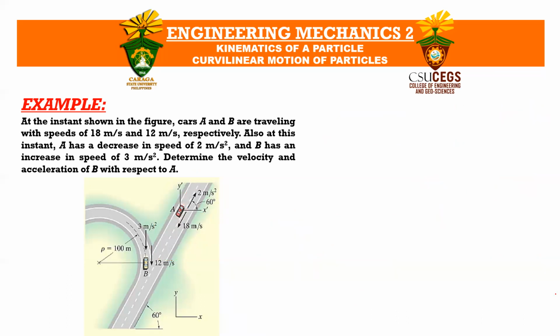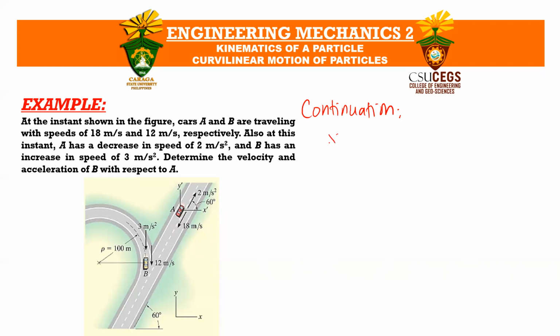Now for car B. Car B is different from what we did for car A. Since we're talking about acceleration, car B is actually moving on a curved road as shown in the figure.